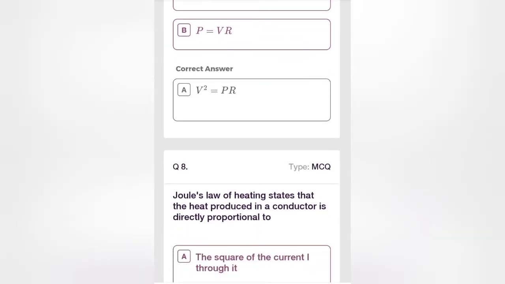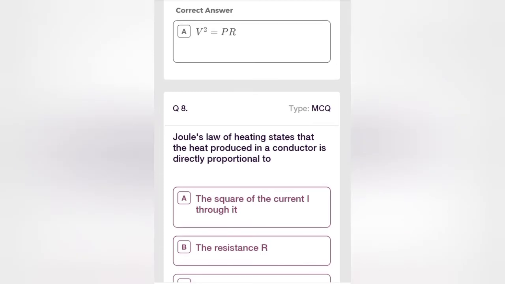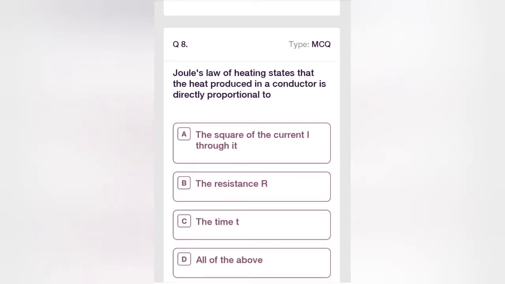Eighth question. Joule's law of heating states that the heat produced in a conductor is directly proportional to square of the current, option A, resistance, option B, time, option C, all of the above, option D. See, according to Joule's law of heating, H is equal to I square R T. That means H is directly proportional to square of the current, correct?